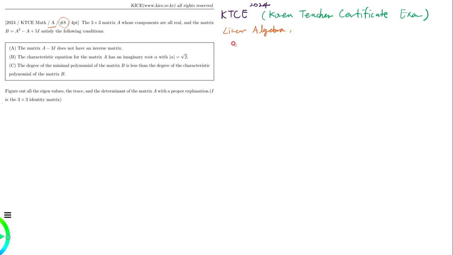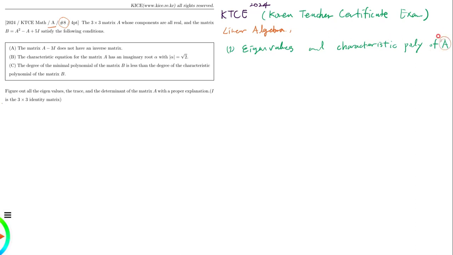First point of this problem is eigenvalues and the characteristic polynomial of a given n by n matrix.